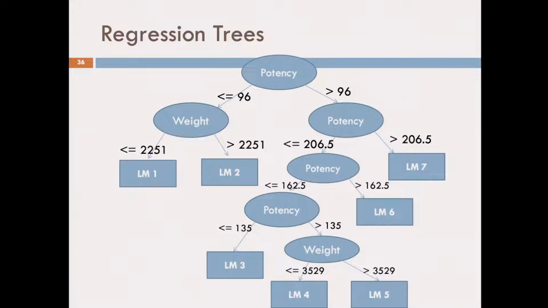We are going to split a node only if that node has 50 instances or more. If it has less than 50 instances, it's going to be a leaf node, and we are not going to split it anymore. Because the more splits you have, the more overfitting you have. That's why we have a complexity factor.